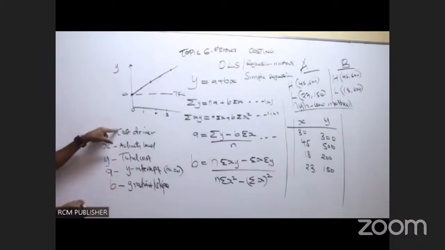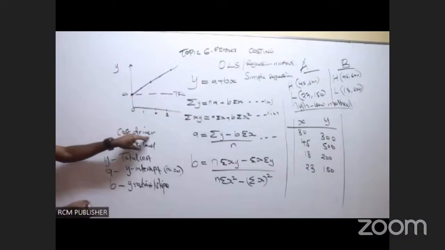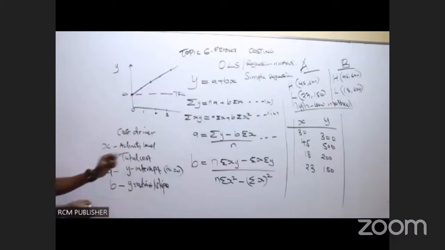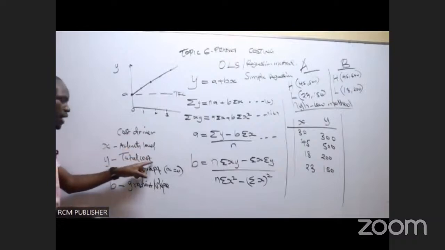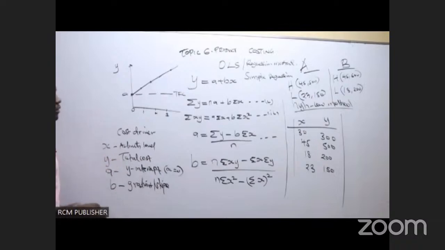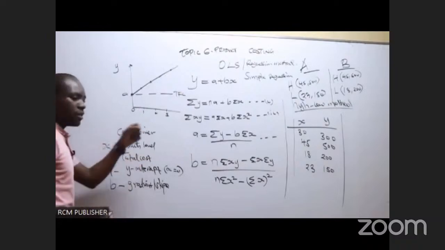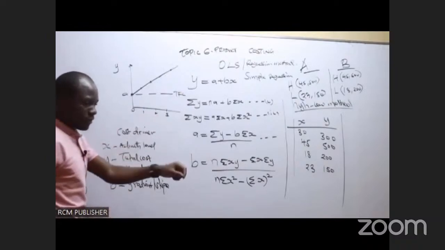Now, let's get back to this point of the cost driver. Under this, we have X, the activity level, and Y, the total cost. This total cost is dependent; it depends on the units of output, which is X. So it means our total cost is determined by the activity level.